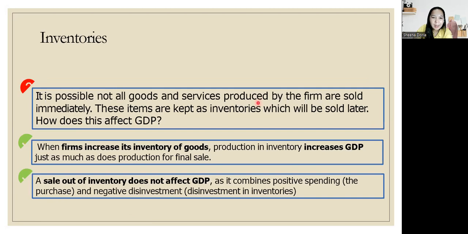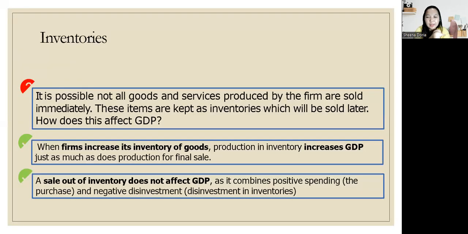Okay, ano naman ang treatment natin sa inventory? So, it's possible not all goods and services produced by the firm are sold immediately. These items are kept as inventories which will be sold later. So, in terms of inventories, meron tayong dalawang instances dito.